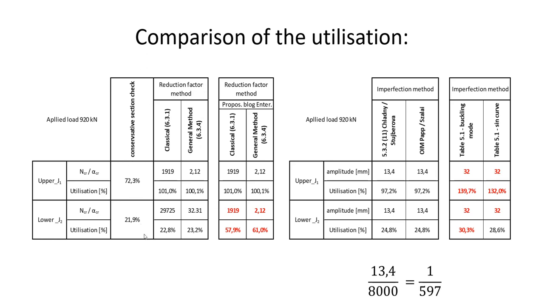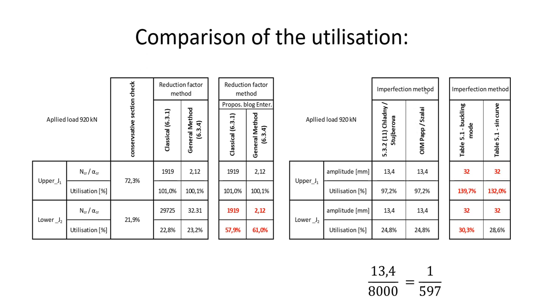Now I've made some comparison of the methods. We can see the reduction factors based on the classical approach, then the general method, and then for the lower column, the way of obtaining the effective length or critical force proposed by the blogger, which is extremely conservative.